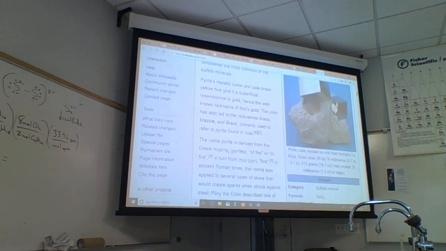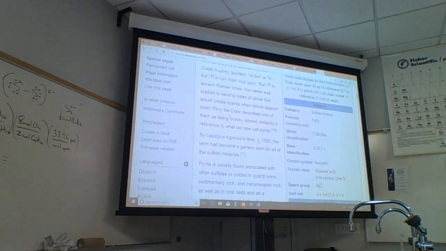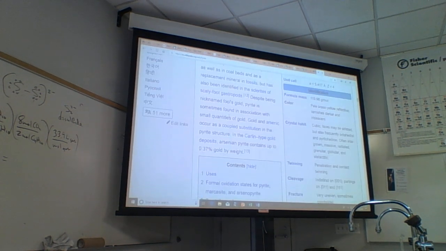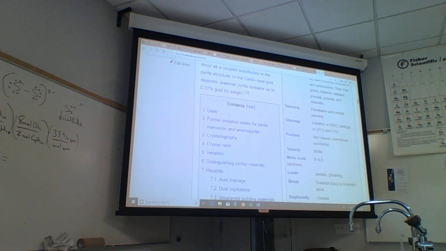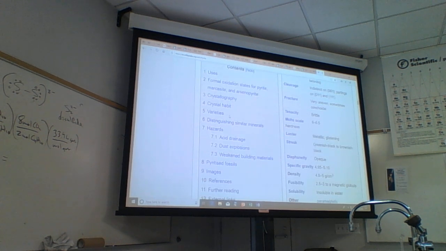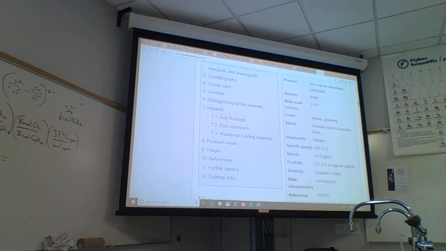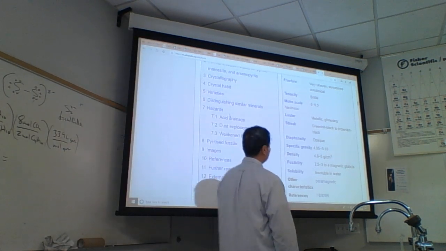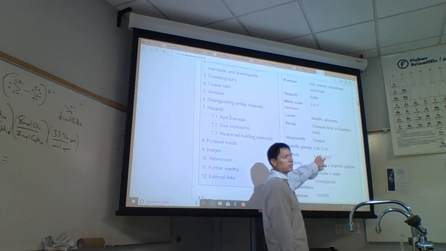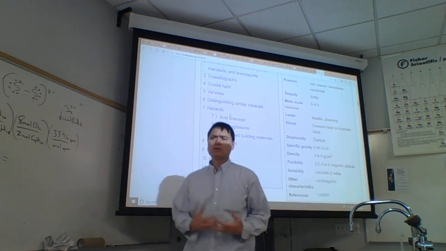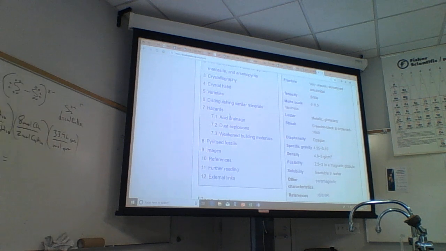But the density of this, it's easy to tell. The density of this is nowhere near that of gold. What's gold's density? Around 20. What's the density of pyrite? Around 5. So it has like a quarter of the density of real gold. Plus gold is a metal. Metals are malleable.